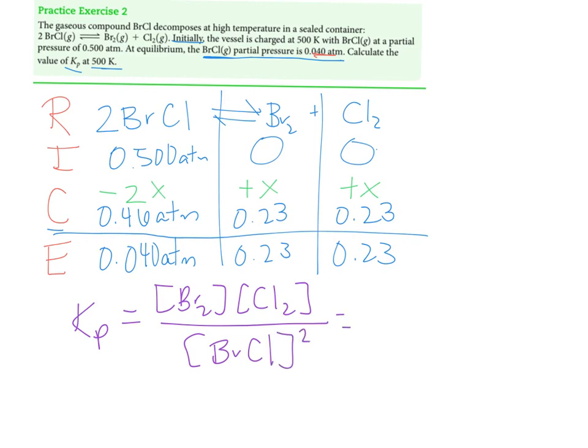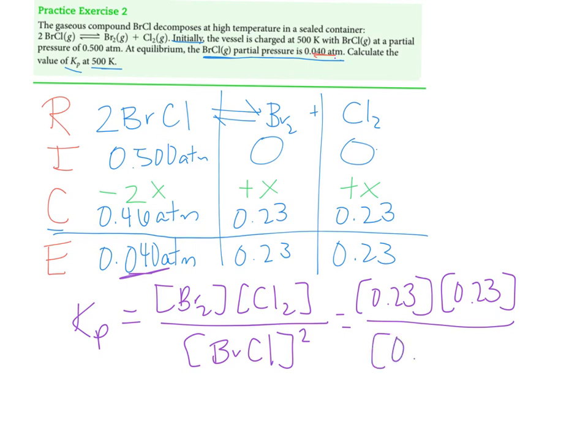We'll substitute. This is 0.23 times 0.23 atmospheres, and they're all in atmospheres. It's important that all the units be the same. And our bromine monochloride pressure at equilibrium is 0.040 squared.